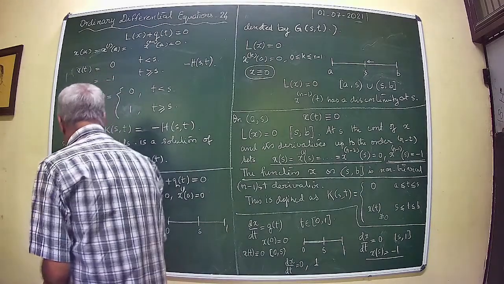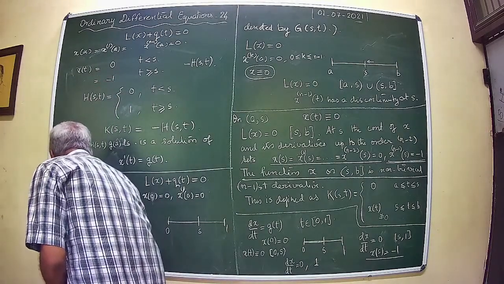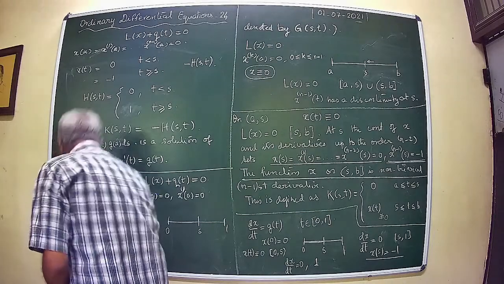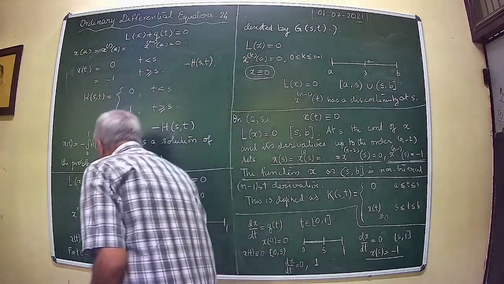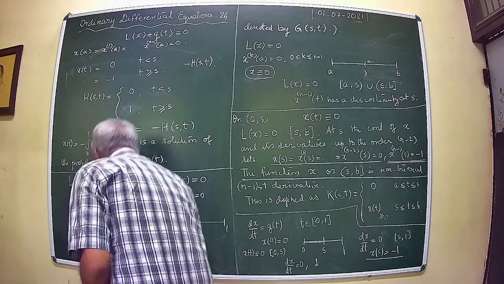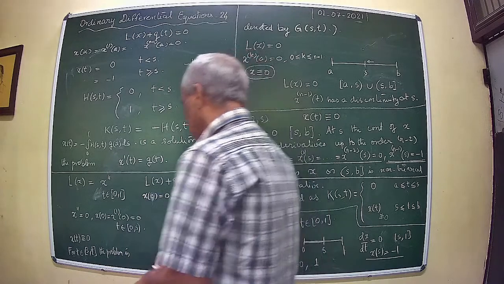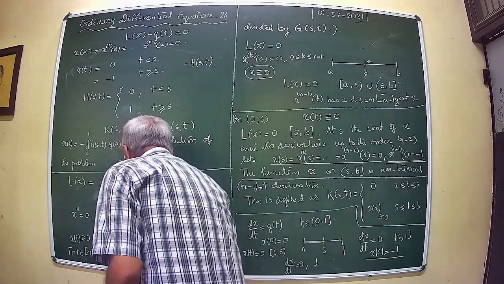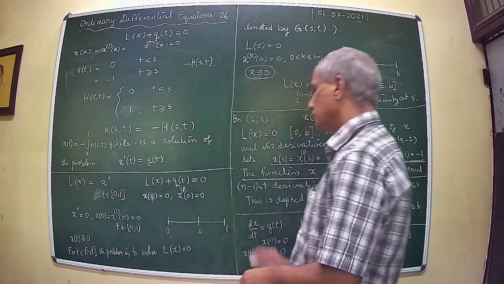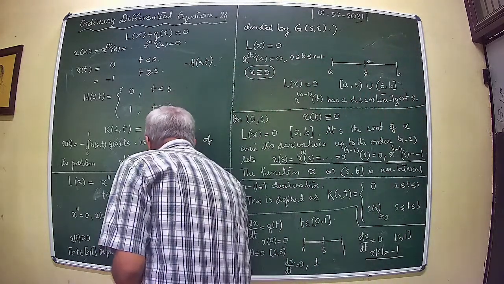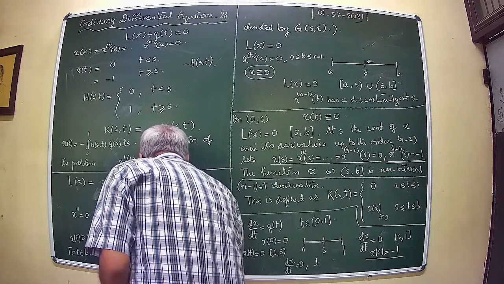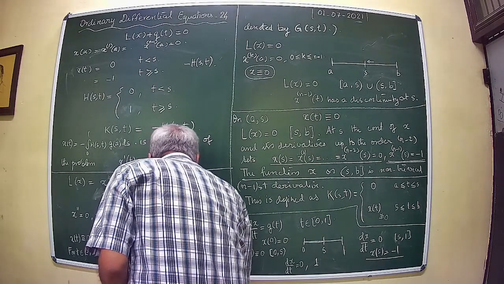Now for t belonging to s to 1, the problem is to get the k, to solve Lx equal to 0 with the condition that x(s) equal to 0, x derivative of s equal to minus 1.